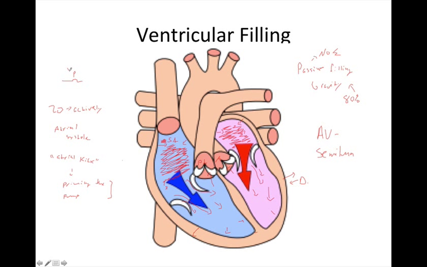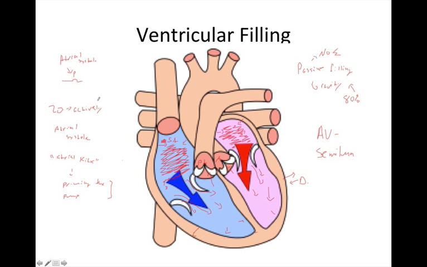This P wave is representing atrial systole. Prior to this P wave, the atria were refilling with blood, and then eventually the AV valves opened and blood passively flowed down into the ventricles, and then eventually the SA node will fire, and the atria will go into systole, hence the P wave.